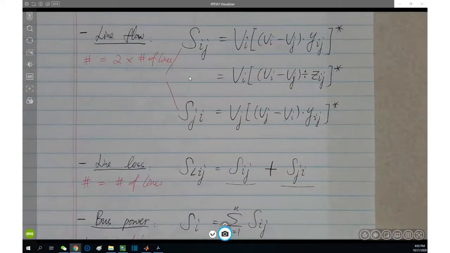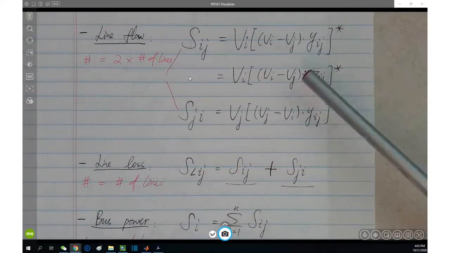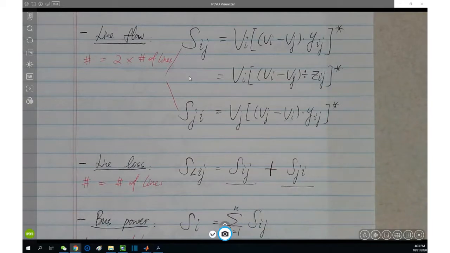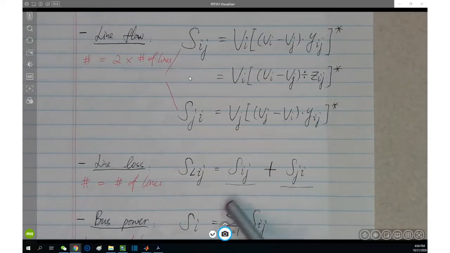The current equals the voltage potential difference times the admittance, or divided by the impedance. Either way works. And line loss equals the sum of the line flows along the same line. The bus power means the total line flows summation.